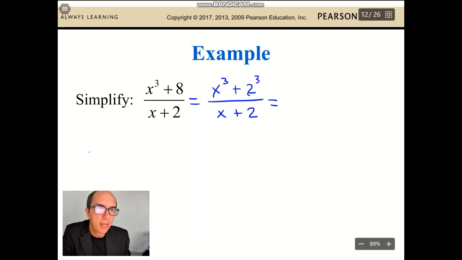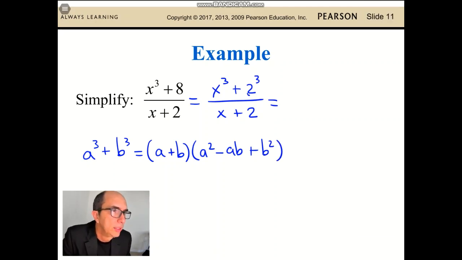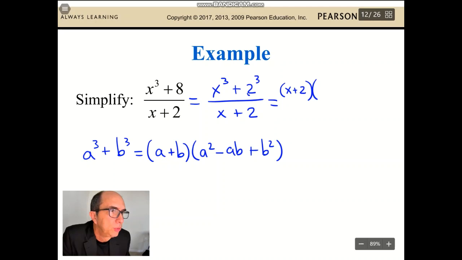If you remember, a cubed plus b cubed equals a plus b times a squared minus ab plus b squared. This is the formula, so let's apply it here. A plus b, x plus 2, times a squared, x squared, minus ab, 2x, plus b squared, 4, over x plus 2.